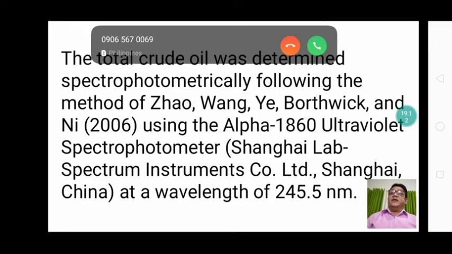For polycyclic aromatic hydrocarbons, the extracted organic layer was pooled, dried using anhydrous sodium sulfate, and evaporated using a vacuum rotary evaporator at room temperature.